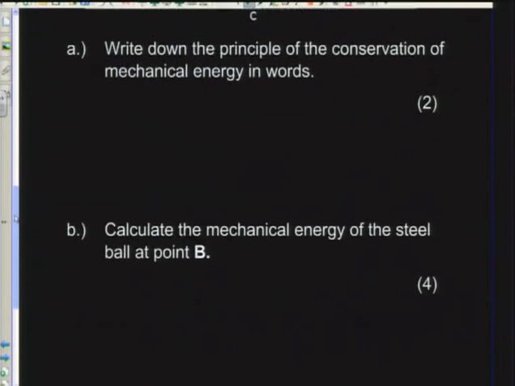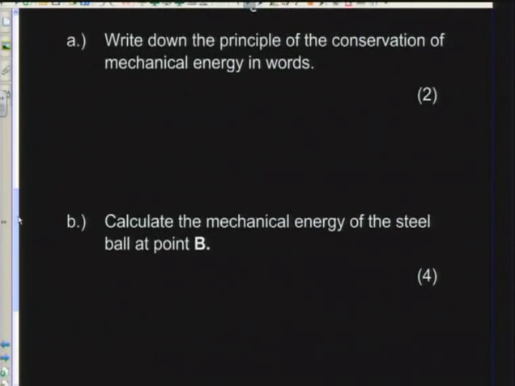Ignore the effect of friction and answer the following questions. Write down the principle of conservation of mechanical energy. Now, what do we know about this?